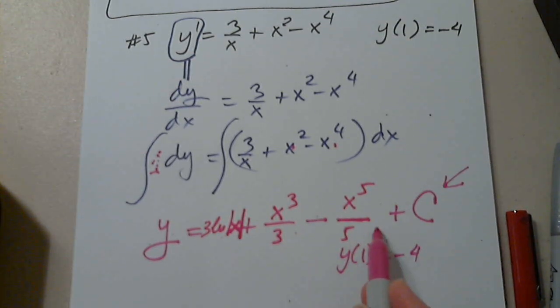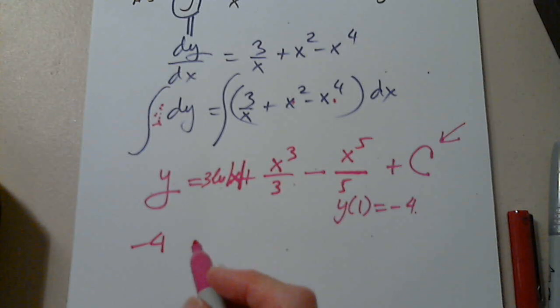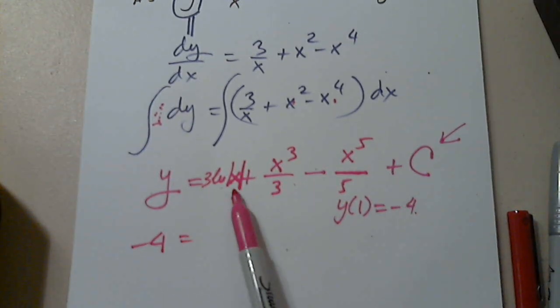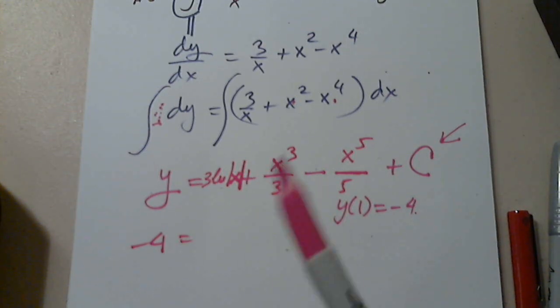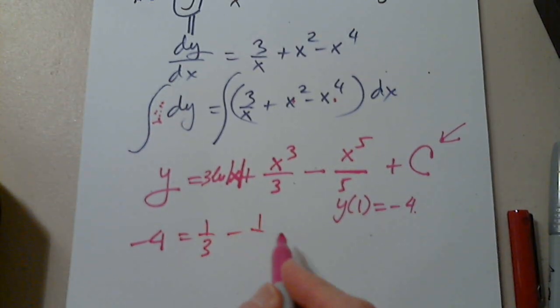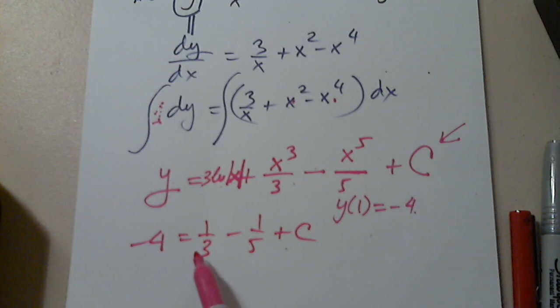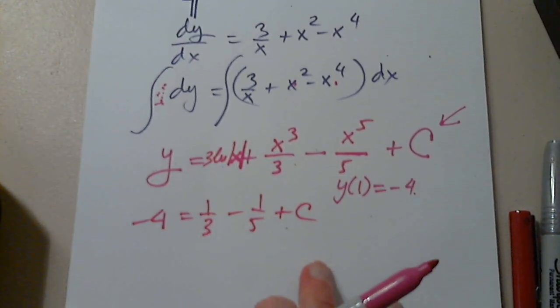So when I plug in 1 for x, I get y to be -4. So -4. We know natural log 1. Again, what is natural log 1? 0. Perfect. 1/3 minus 1/5 plus the constant c. I have to move everything to the other side to get c.